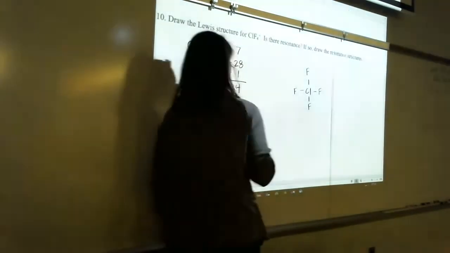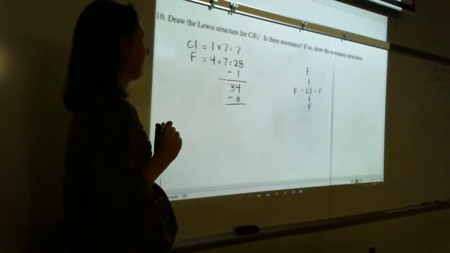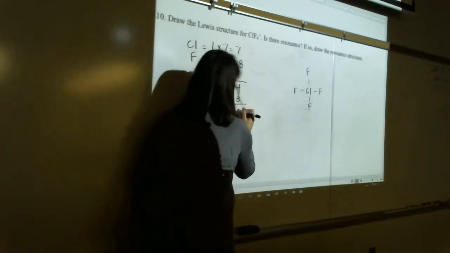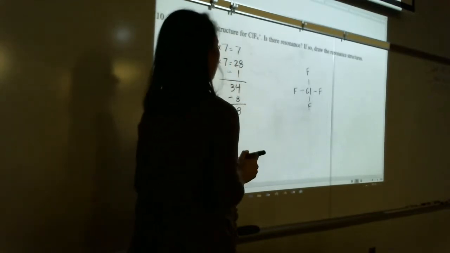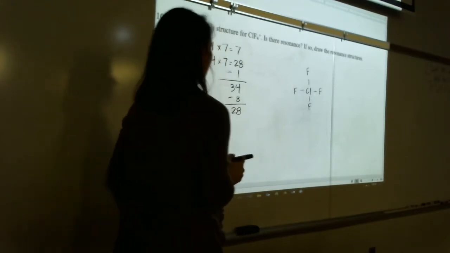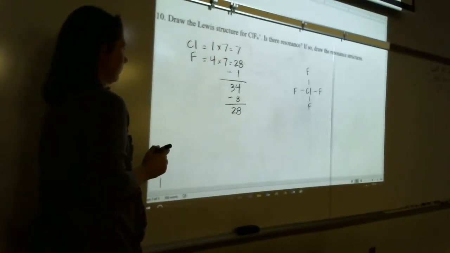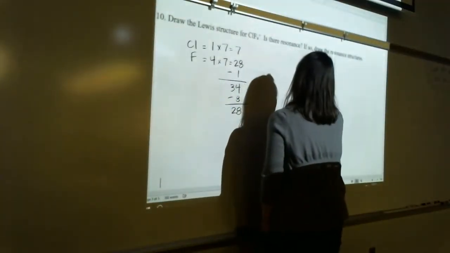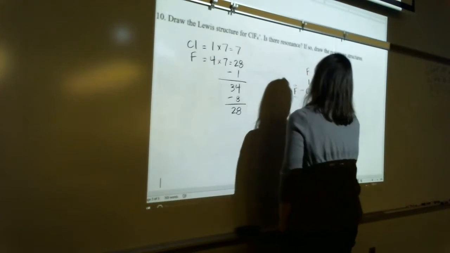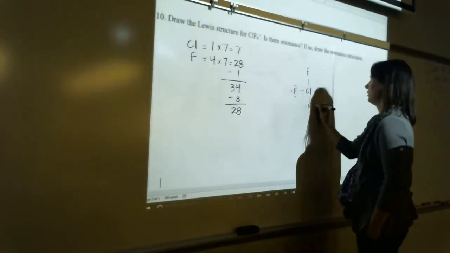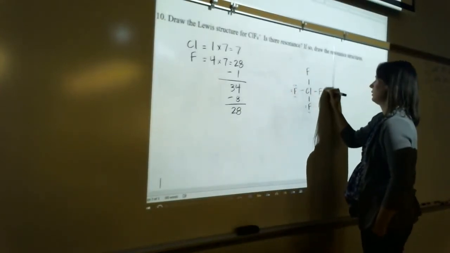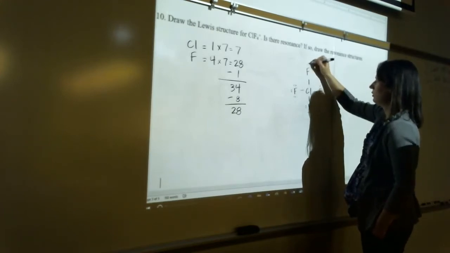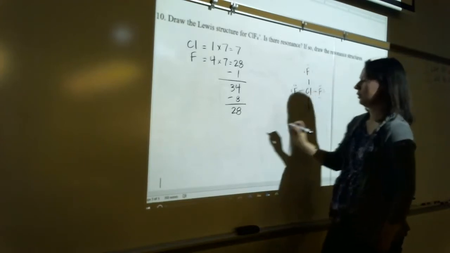So how many do I have left now? 28. Okay, what's going to happen? Who gets octets next? The F's, right? So 2, 4, 6, 8, 10, 12, 14, 16, 18, 20, 22, 24.